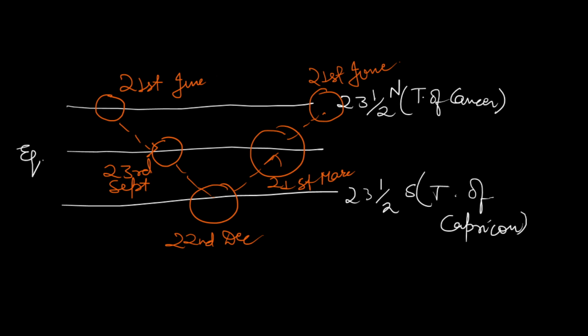Now, you can write here that on 21st of June, Tropic of Cancer is the north limit at which vertical rays of sun can reach.